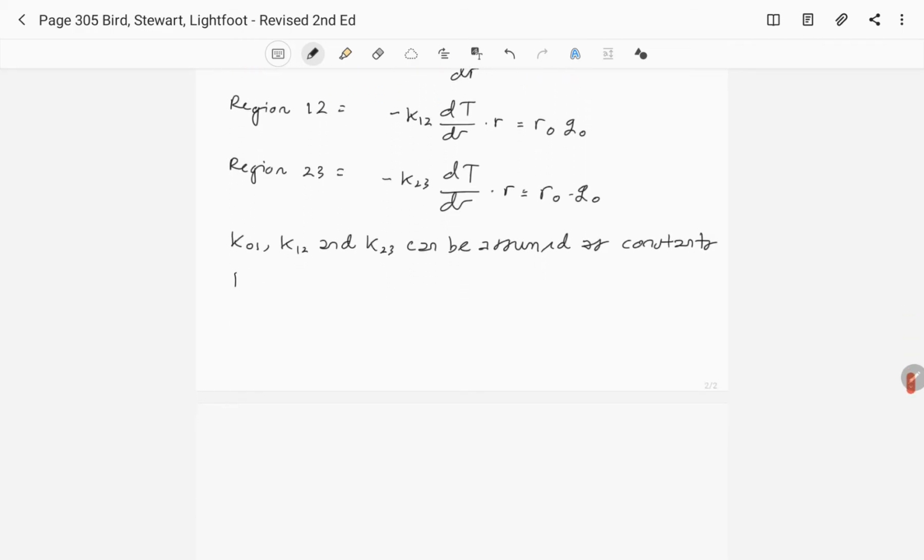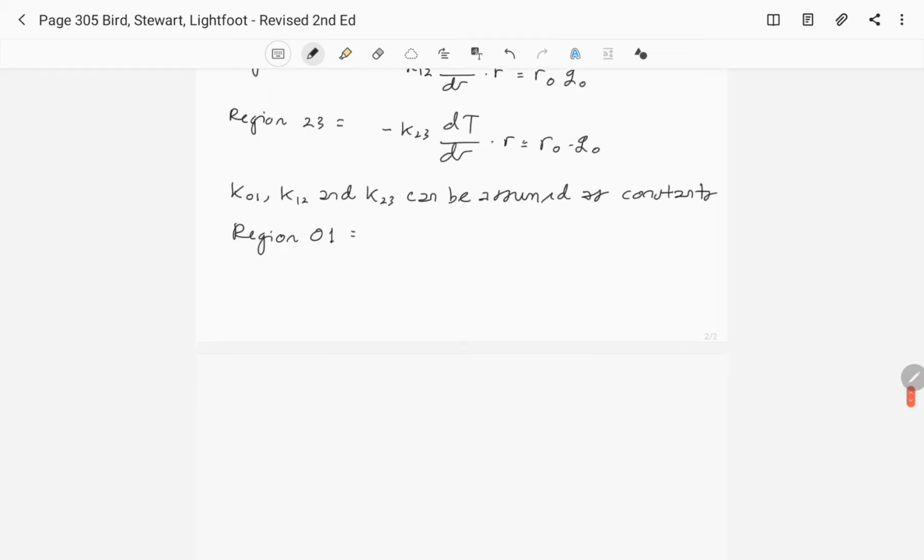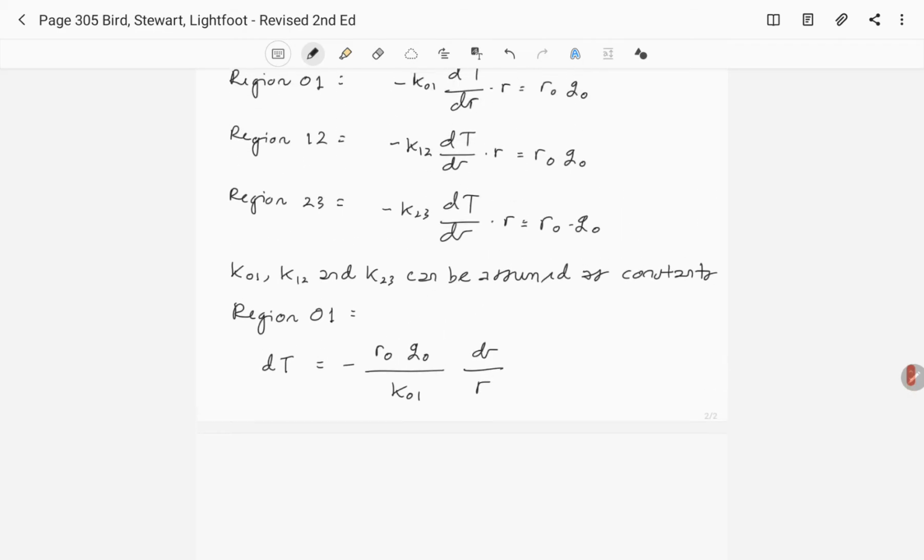Therefore, for region 0-1, for example, we can have these equations: dT is equal to minus R0 Q0 divided by K01 times dr over R.